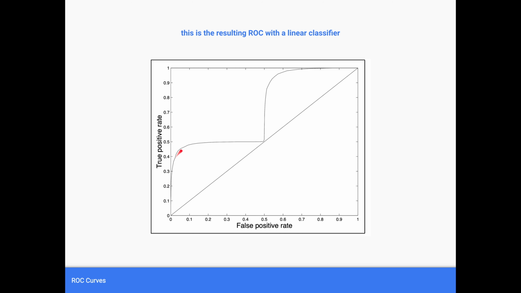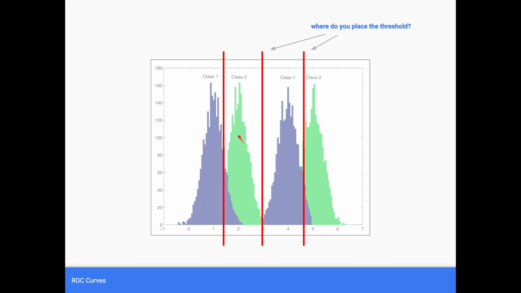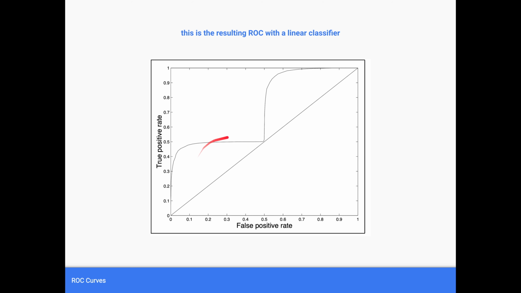There you go, it's improving. But then we don't improve, and we actually gain false positives along here, because if we move from here towards here, these are now being classed as class 1 and they're not, they're class 2. And the same kind of thing happens here. So you can see there's these 2 peaks.